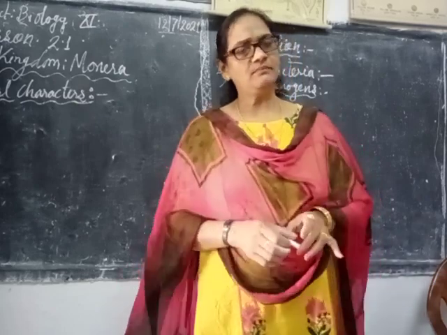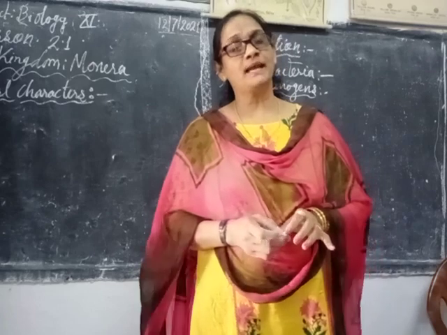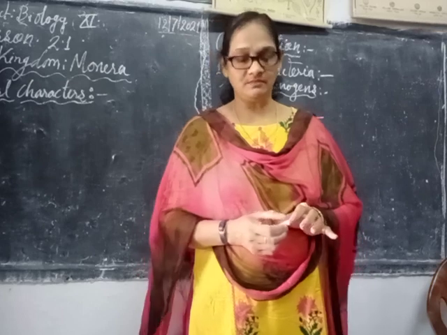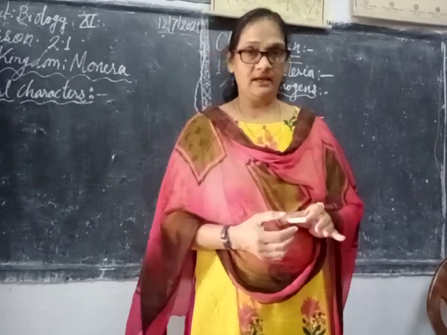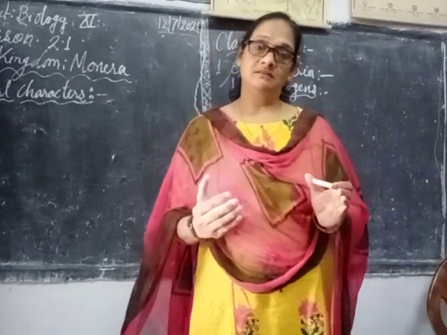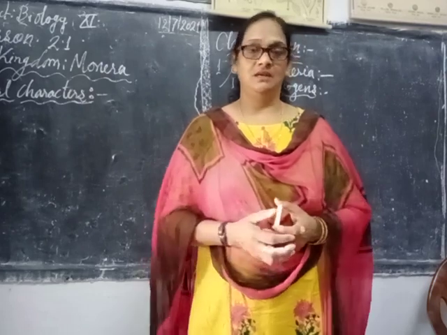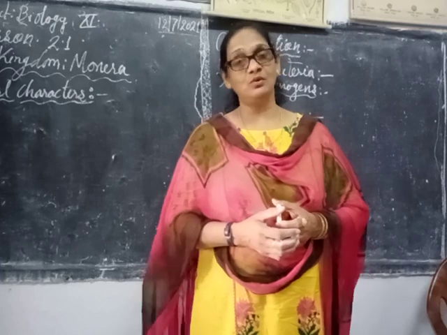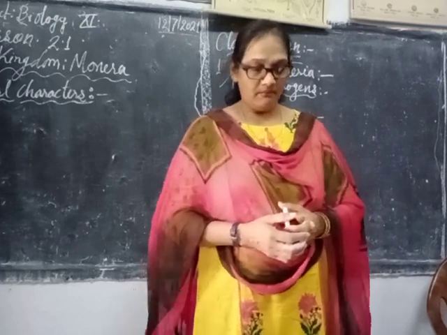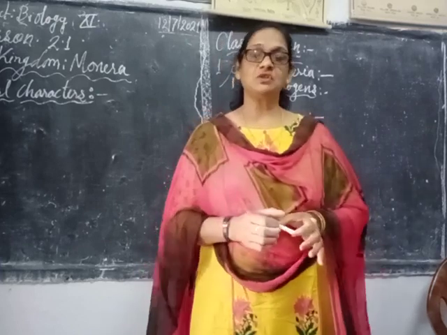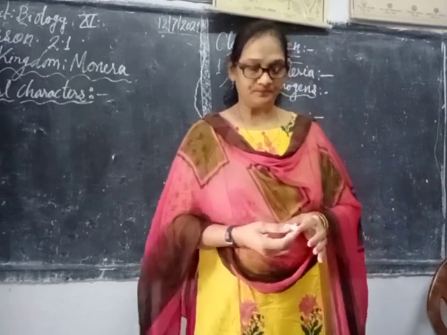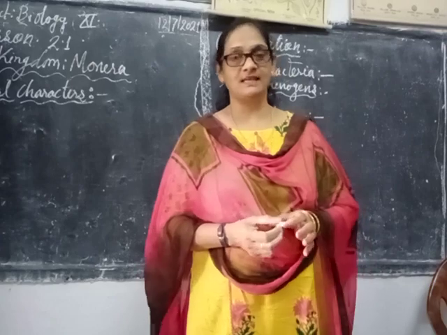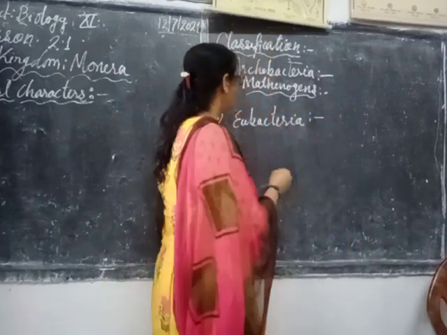These bacteria are also found in the rumen of cattle. The rumen is the pouch of the stomach of herbivorous cattle, and they help in the digestion of cellulose, because cattle take cellulose in their diet. Methanogens are also responsible for the production of biogas. Examples are Methanobacterium and Methanococcus.